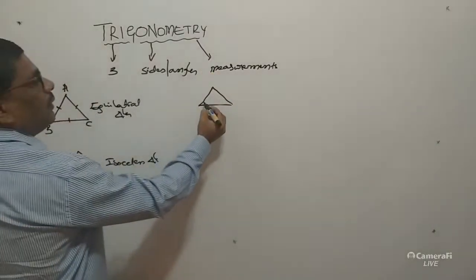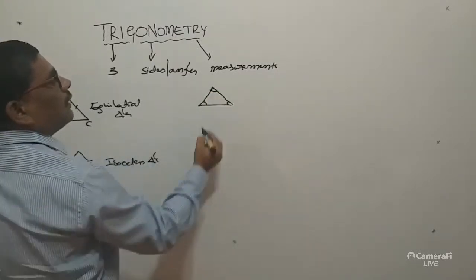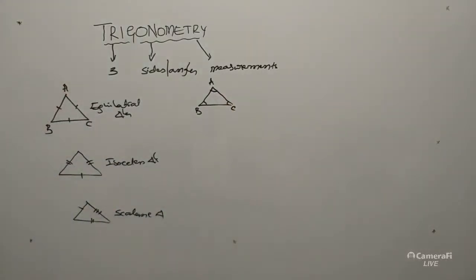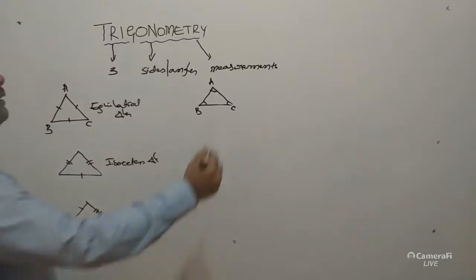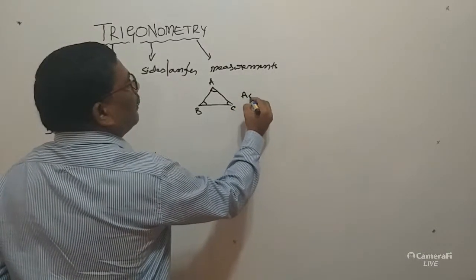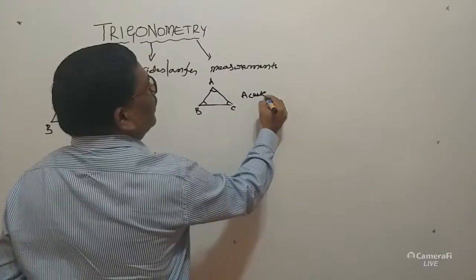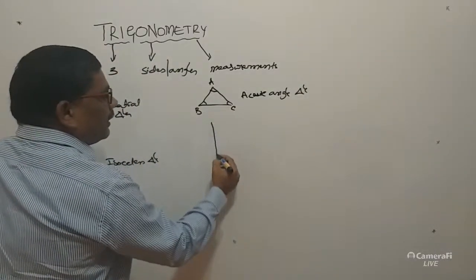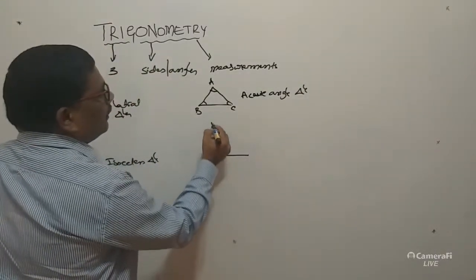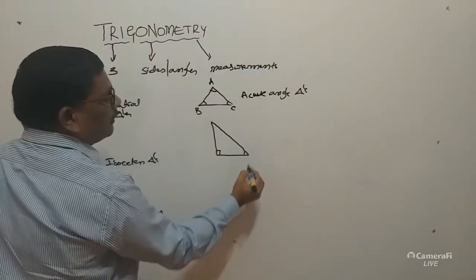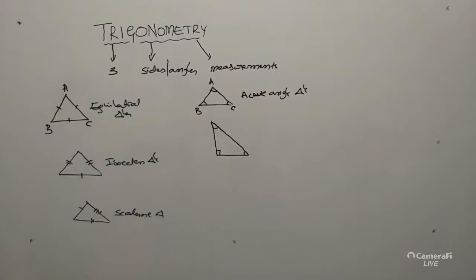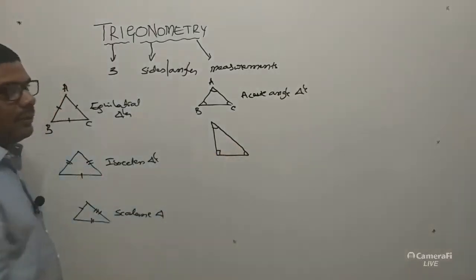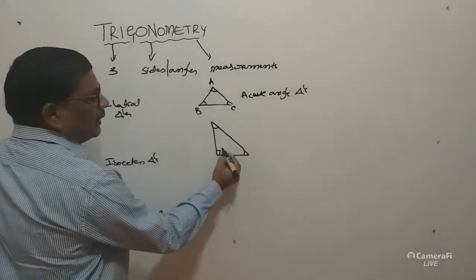Based on angles, if all the angles of a triangle are less than 90 degrees, that is called an acute angle triangle. If one angle is exactly 90 degrees, the other two angles are less than 90 degrees, because by the properties of a triangle, the sum of all three angles must be 180 degrees.